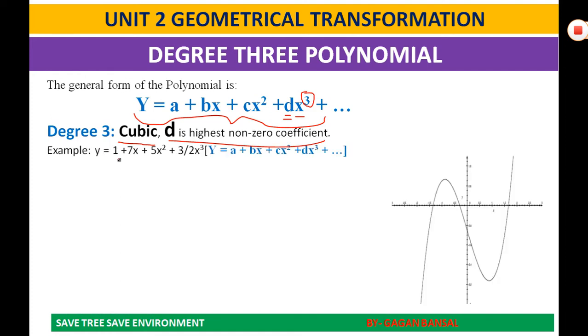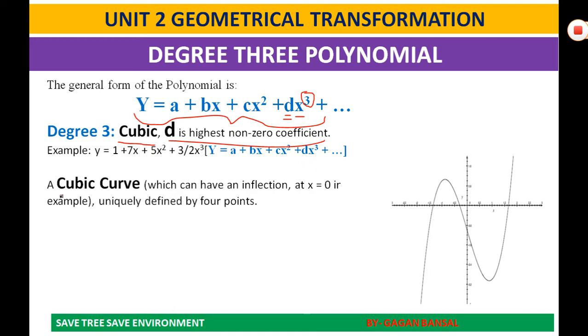Examples are y equals 1 plus 7x plus 5x square plus 3 by 2 x cube. Any equation of the form a plus bx plus cx square plus dx cube equals y. These cubic curves can have inflections, and in this example are uniquely defined by 4 points.